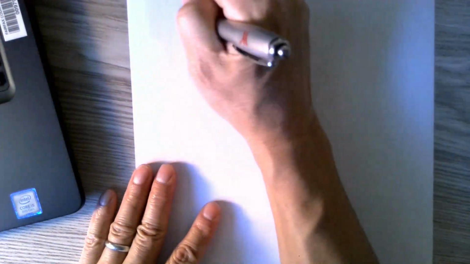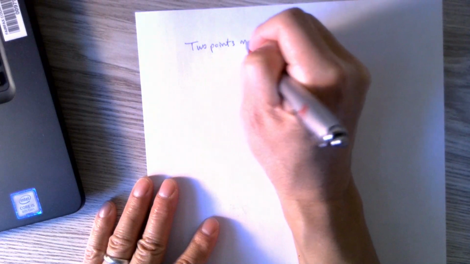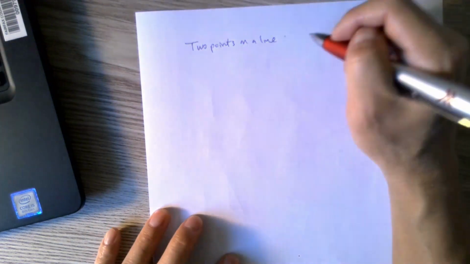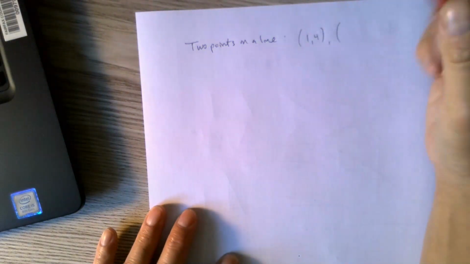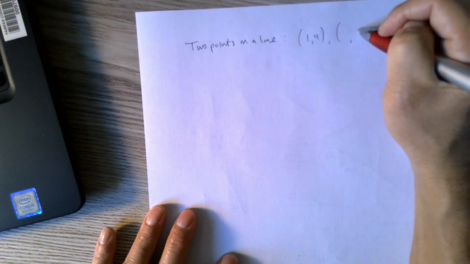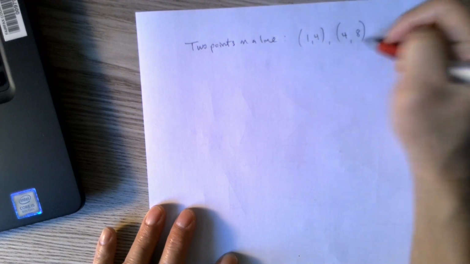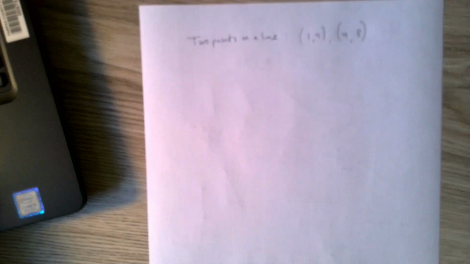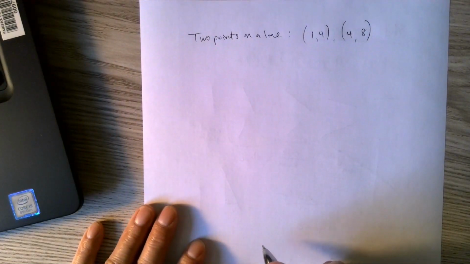Okay, so let's put this into action. Let's say I have 2 points on a line, and they are 1, 4, and 4, 8. Calculate the slope of that line.